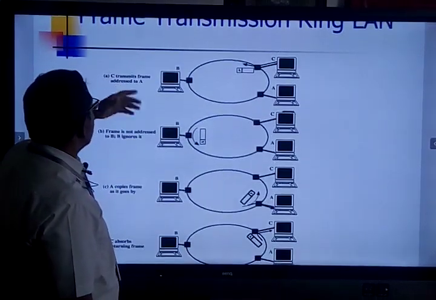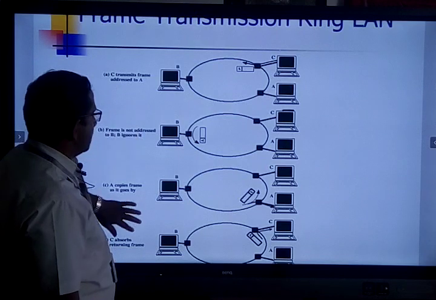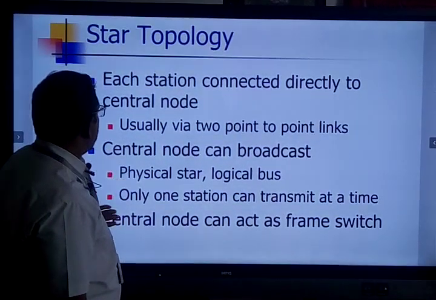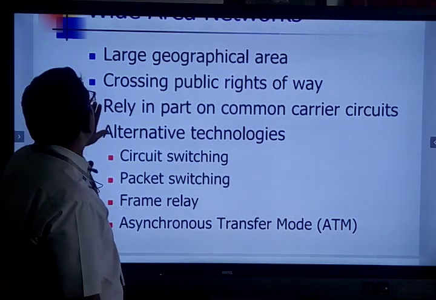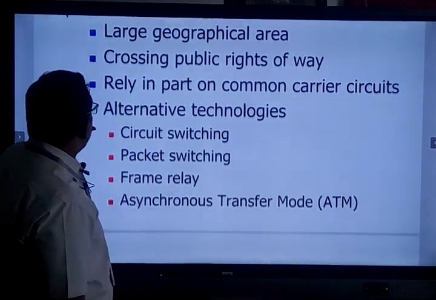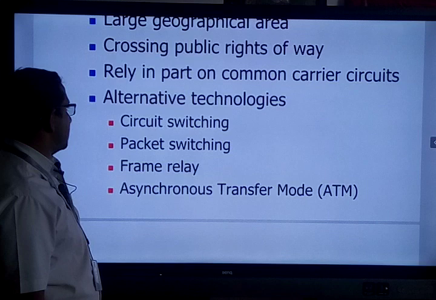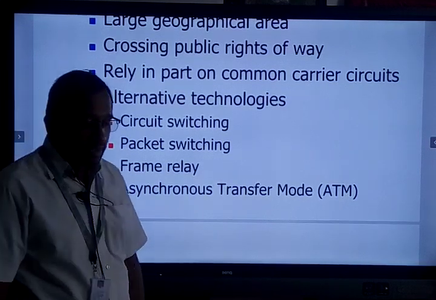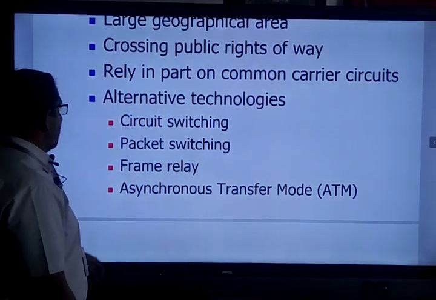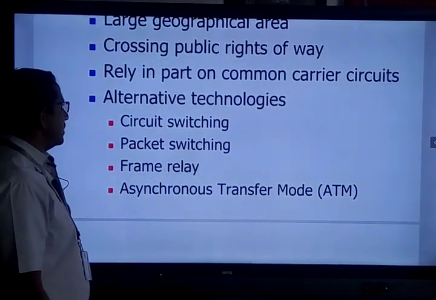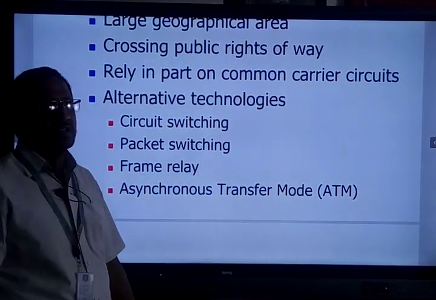And like this, we can have ring topology connections. And coming to star topology also, we have the same kind of connections. Then for wide area networks, we have to communicate from one device to another device. How do we communicate? These are known as various connection technologies.